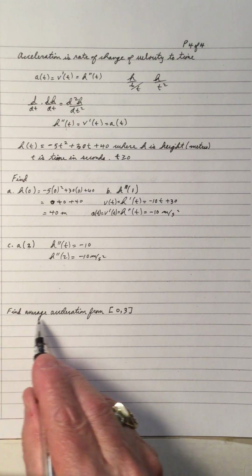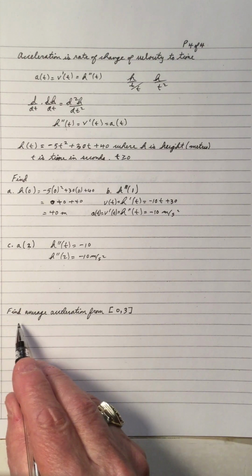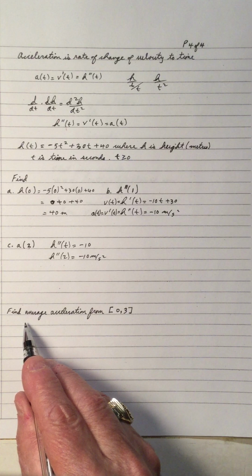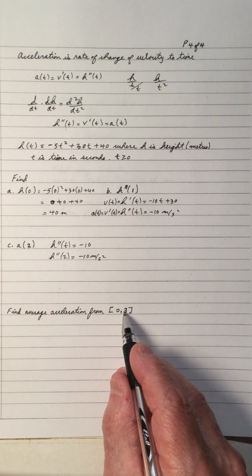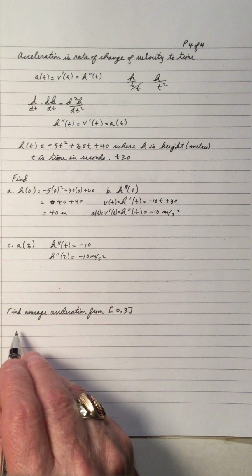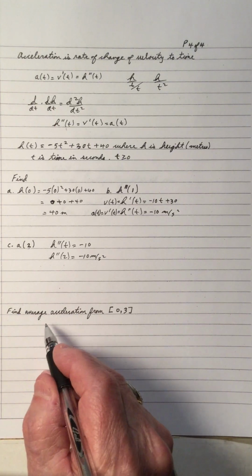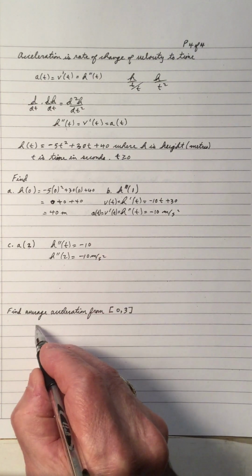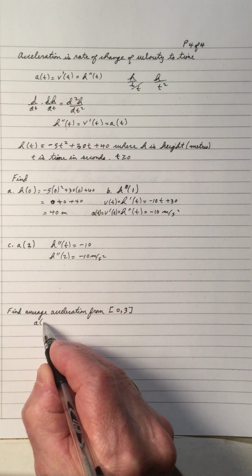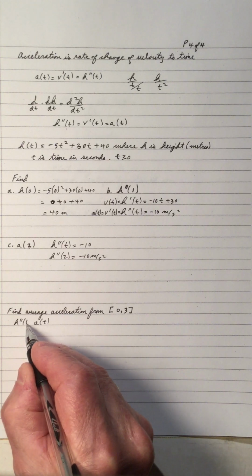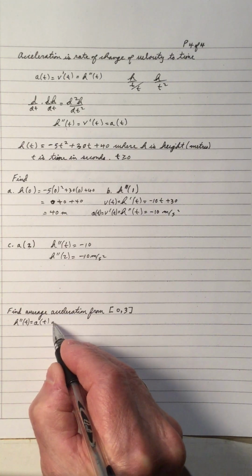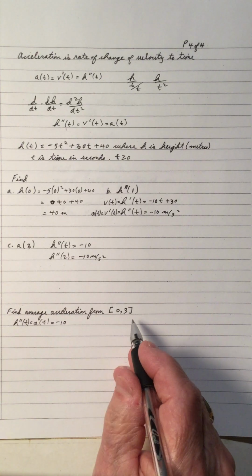And last, let's find the average acceleration from 0 to 3. We have found that the acceleration a of t, or h double prime of t, is negative 10.